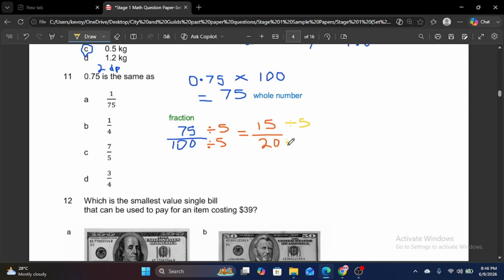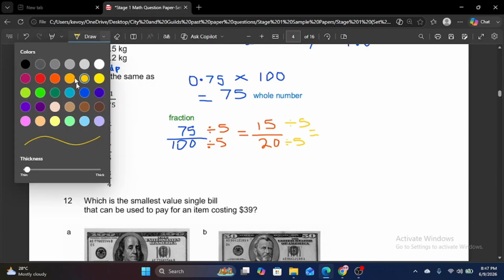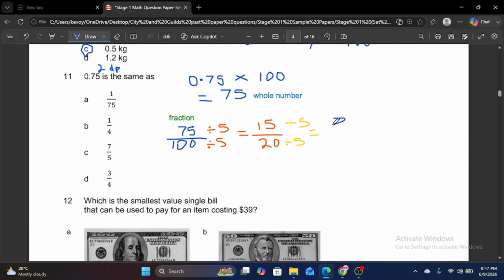If I divide both the top and bottom by the same number 5, 15 divided by 5 is equal to 3, over 20 divided by 5, which is equal to 4. Looking at this fraction right here, I do not see any number that can divide both the top and bottom without leaving a remainder. So in other words, B is my answer.